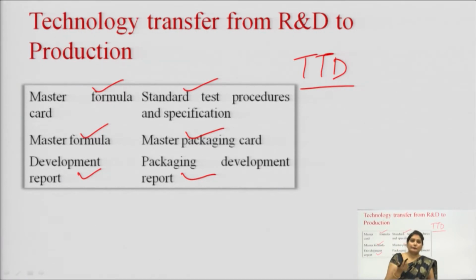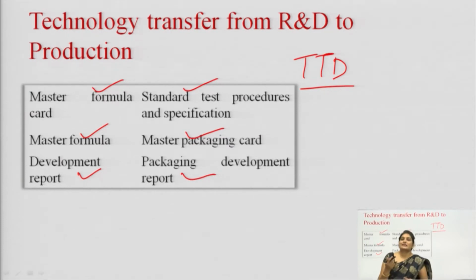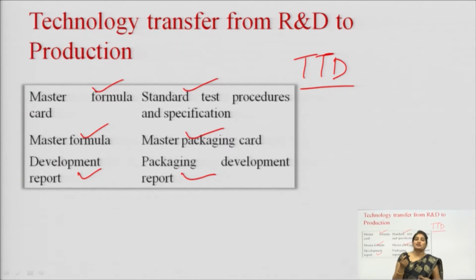For example, in case of a tablet, weight variation, content uniformity, dissolution, disintegration, these are all quality control tests that should be conducted to check the quality. And specifications will specify the limits. So, standard test procedure and specification will give the information about all the quantitative and qualitative data of the active ingredients.